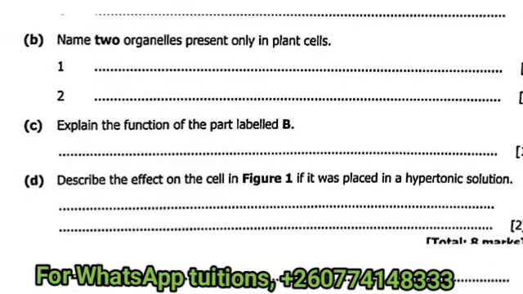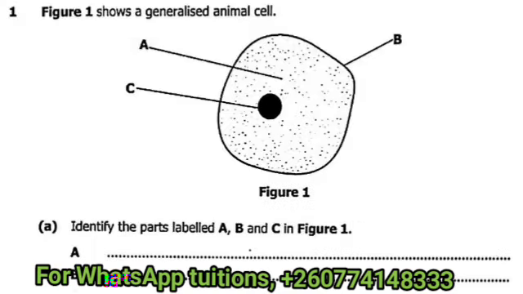Question C, explain the function of the part labeled B. What exactly is the part labeled B? How do I explain the function when I don't know the name of this thing? So B, if you check very well, B is cell membrane.